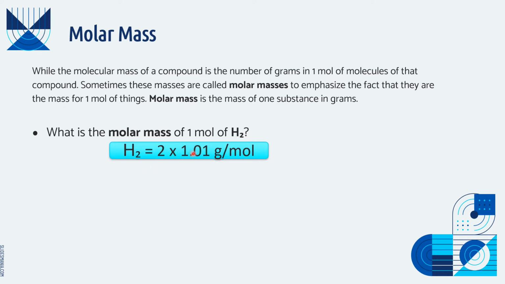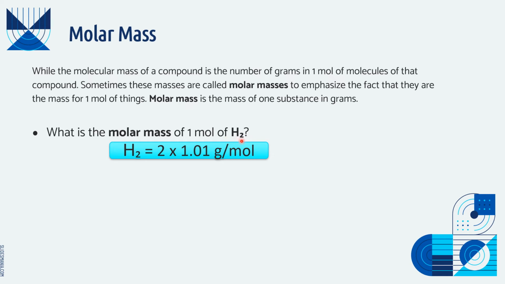The atomic mass of hydrogen is 1.01 grams per mole. That's the atomic mass of hydrogen, and it can be found on the periodic table of elements. But since hydrogen gas is H2, we have 2 hydrogen, so we have to multiply 1.01 gram per mole by 2 to get the molar mass of H2.